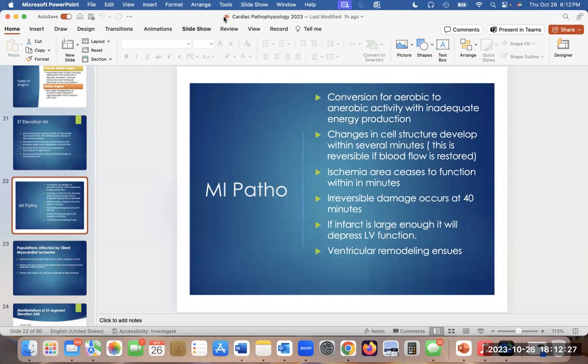Myocardial infarction is caused by ischemia or death to the cell tissue, and we need to take interventions immediately because of this impending irreversible damage to the heart.